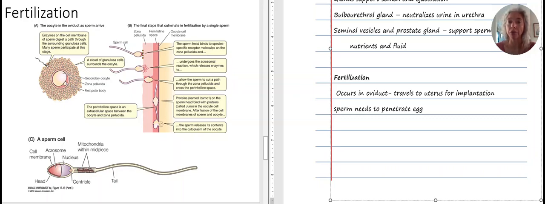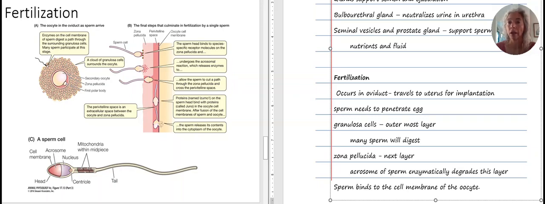In mammals, fertilization occurs in the oviduct, and the fertilized egg will travel to the uterus for implantation. The egg is surrounded by a few protective layers that the sperm need to penetrate. The outermost layer is the granulosa cells that many sperm will digest.